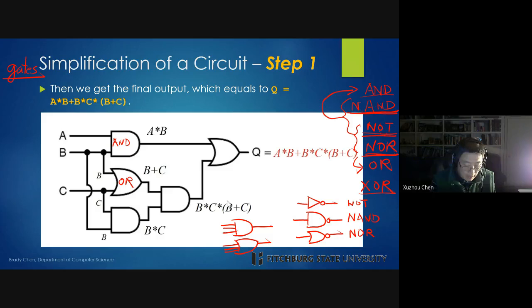But in practice, people can always make some kind of judgment or use common sense to figure out which form is simpler. Even though there's no theoretical definition of the simplest form, in practice we can always find the simpler form.